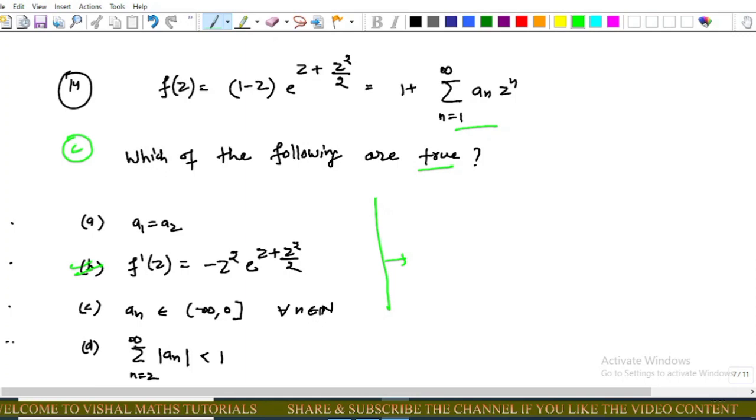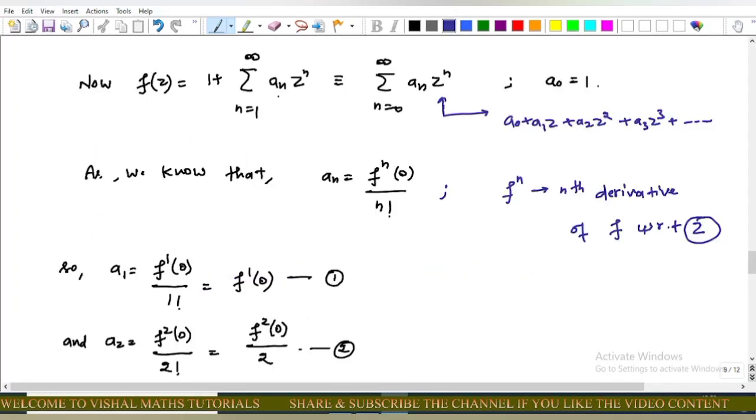Now come to the further option. f(z) is equal to 1 plus summation of an into z power n, where n is equal to 1 to infinity. We can also write this form of f(z) as a0 plus a1z plus a2z power 2 plus a3z power 3, where a0 is equal to 1.